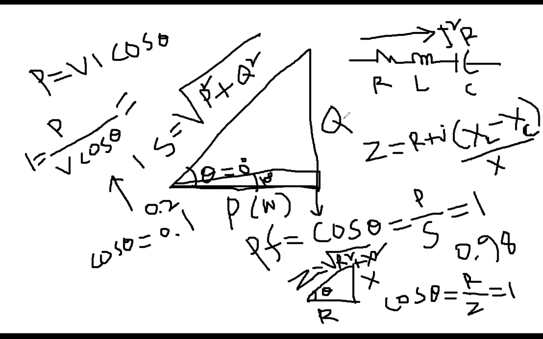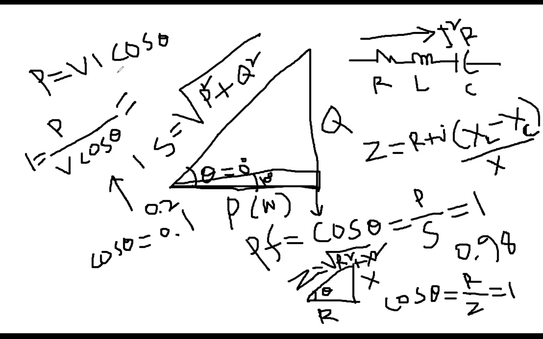Those are the negative effects of the Q. And I squared R loss, if the I value is higher, will cause loss, and that loss is ultimately nothing but heating. That's why I said that much more Q in the system means much more loss, much more heating in the system.